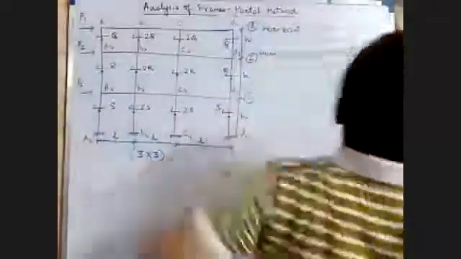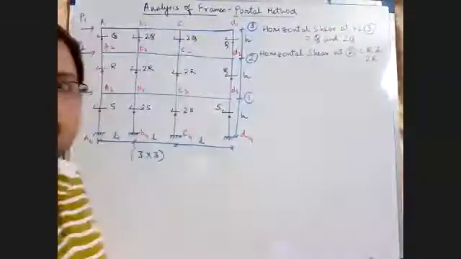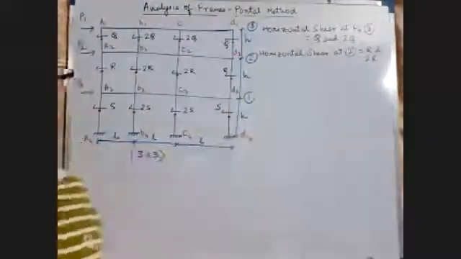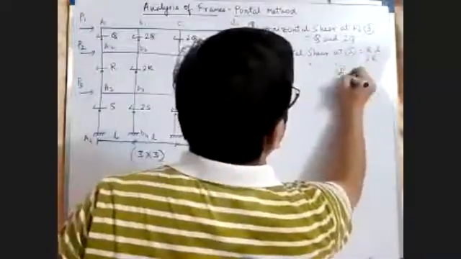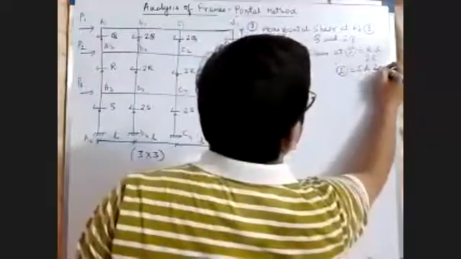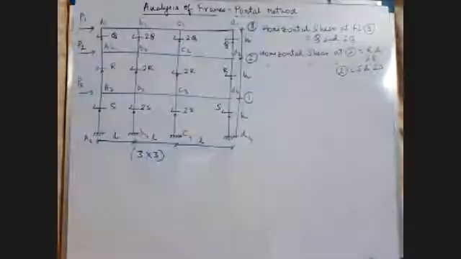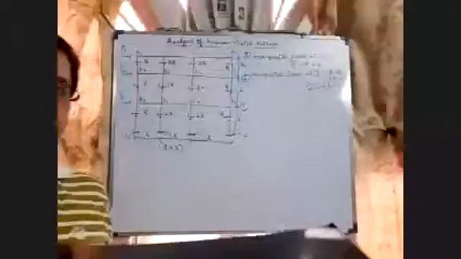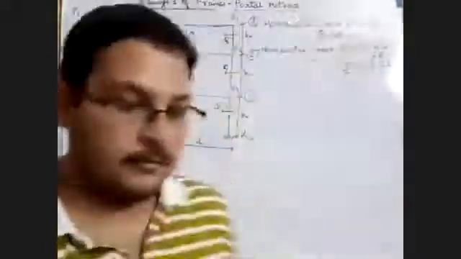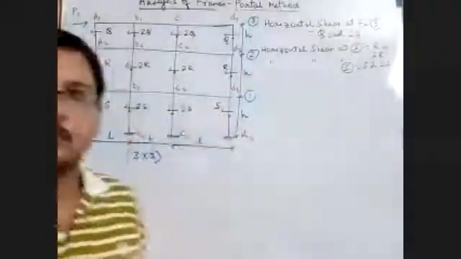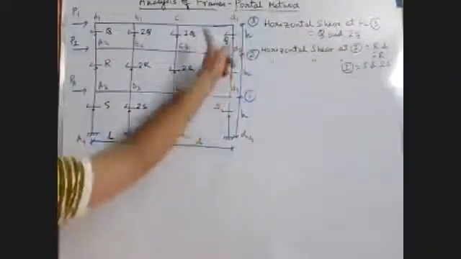We have already learned from the diagram that the shear force at floor level 2 is R and twice R. Horizontal shear at floor level 1 is S and twice S. So Q, R, S.